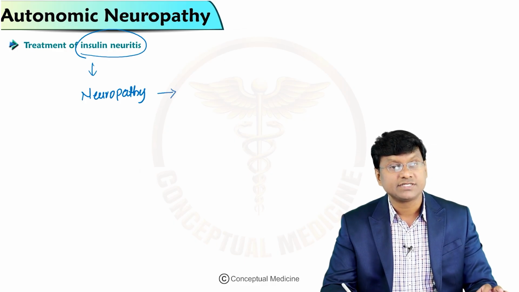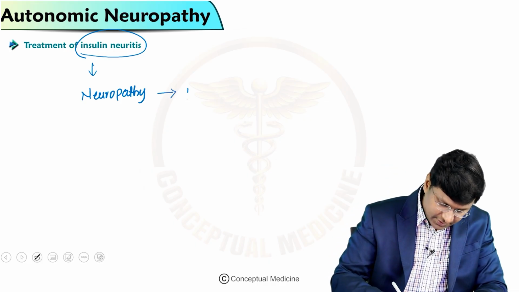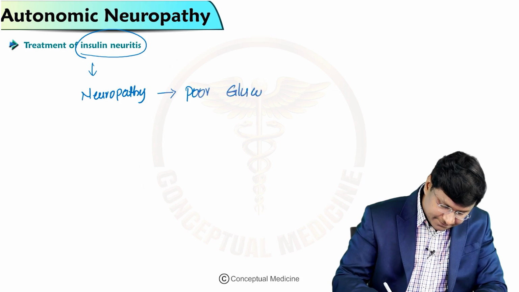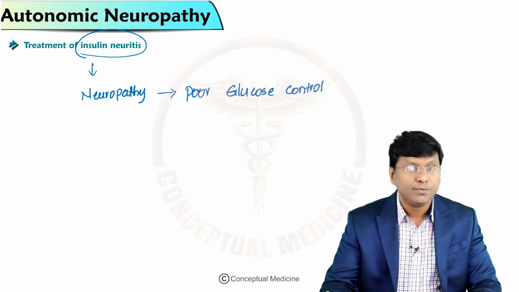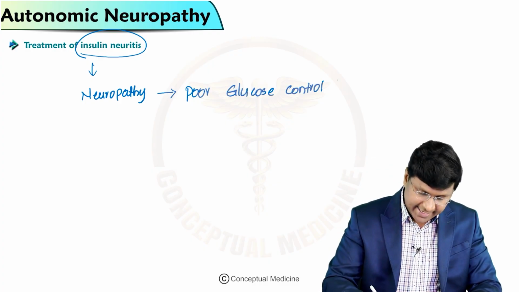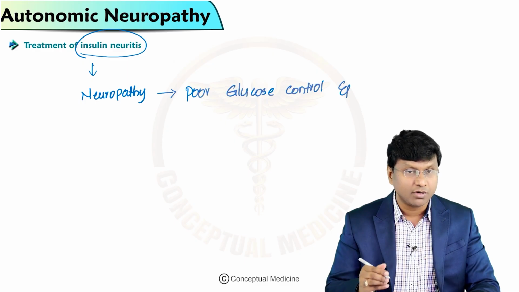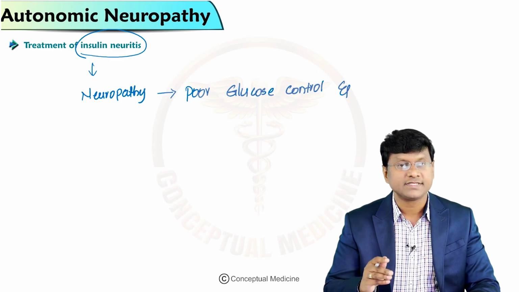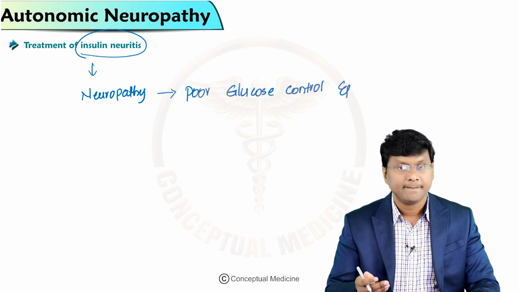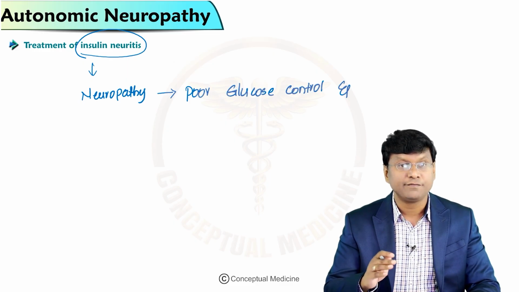It occurs occasionally in patients with poor glucose control, in which group of individuals you will see this? It is seen in those individuals where the glucose levels improve rapidly in days or a few weeks.